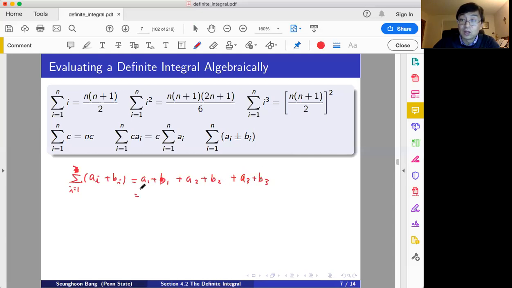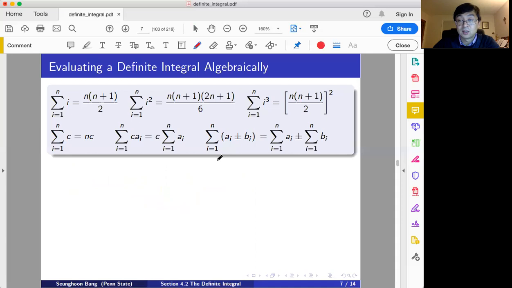You have to rearrange: a1 plus a2 plus a3, which changes back to the summation from i equals 1 to 3 of a i, plus, reordering the b part, b1 plus b2 plus b3, which is the summation from i equals 1 to 3 of b i. So we can distribute the summation. This is possible.